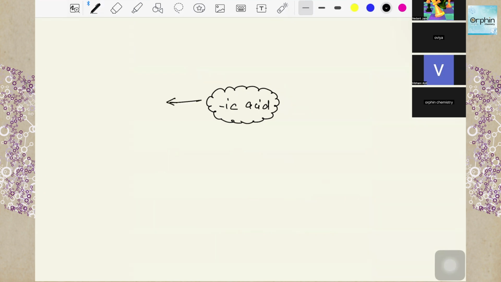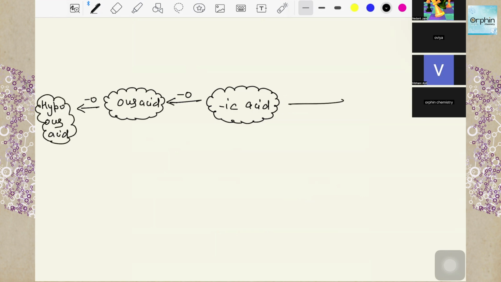If we remove one oxygen from here, what will we have? We will have the ous acid. And if we remove one more oxygen from here, then we will have the hypoous acid.